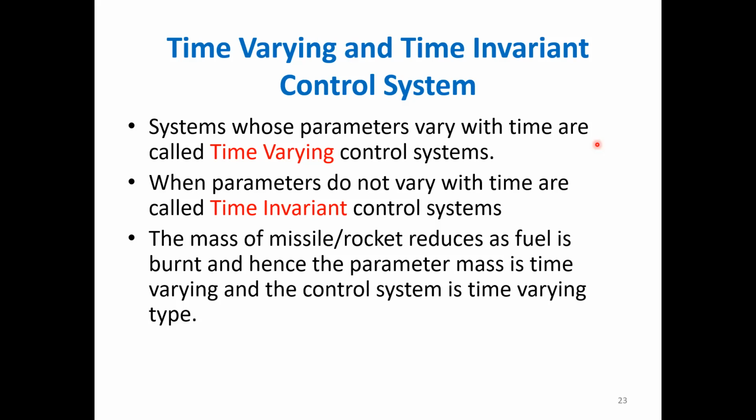Missile and rocket, those are closed loop control systems. But based on the parameters with time, we can divide the control system into two more parts with respect to time variance. Okay.